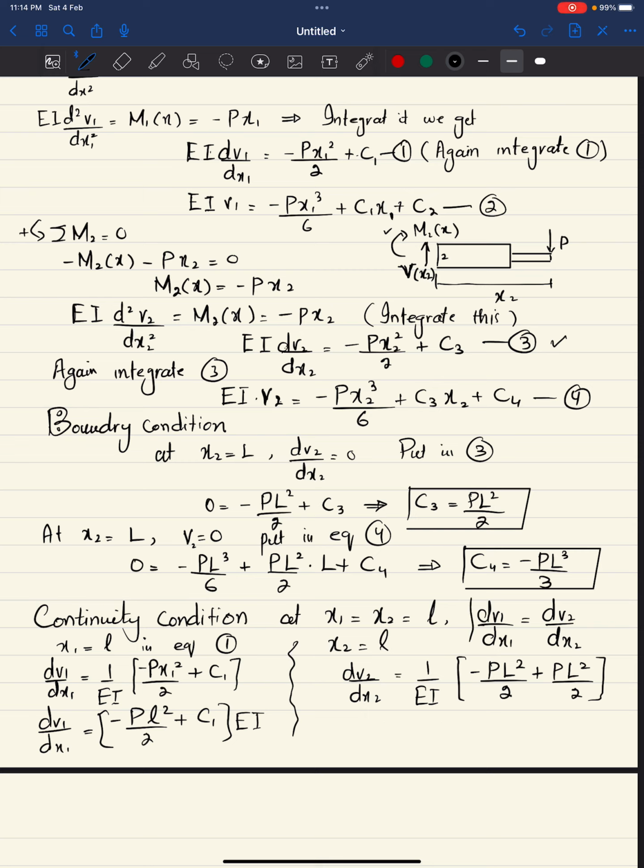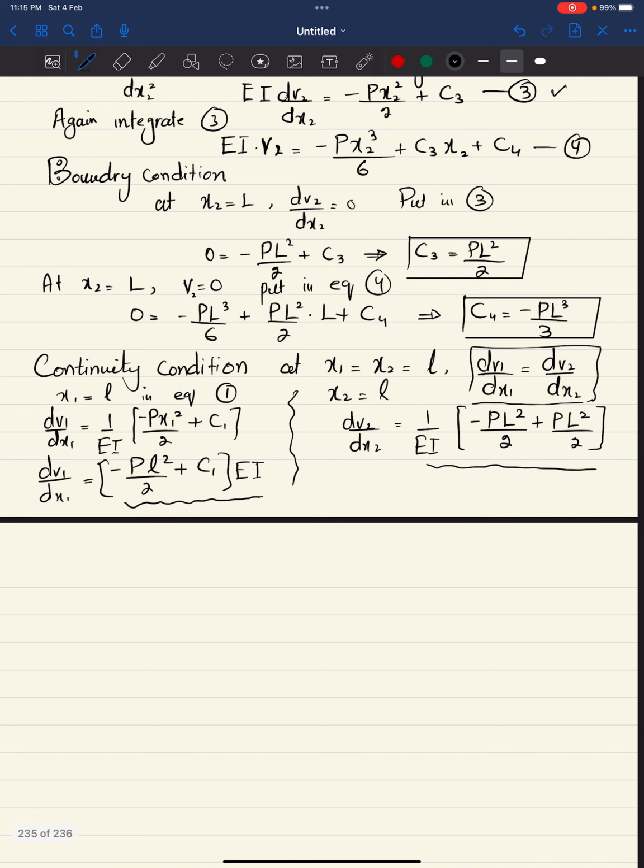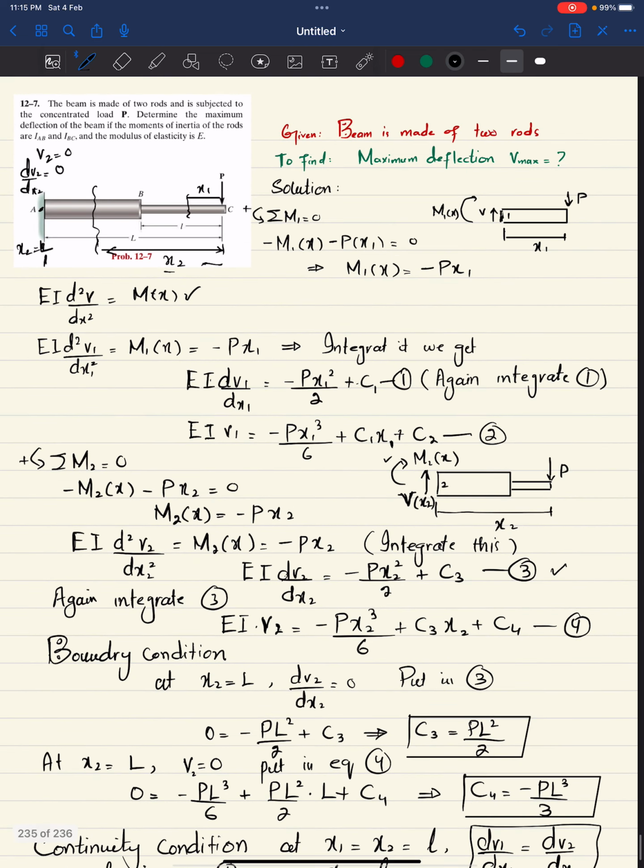It is given that these two are equal, so we will equate the right hand side of this equation with the right hand side of this. This one is for IAB and this one is for IBC.